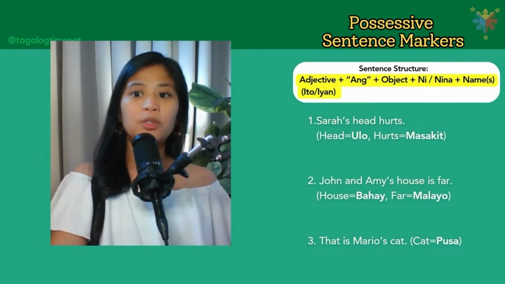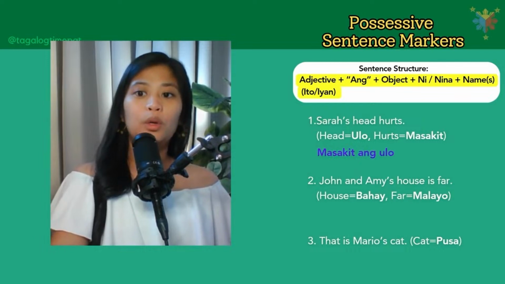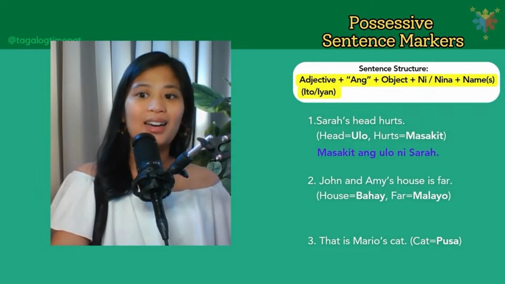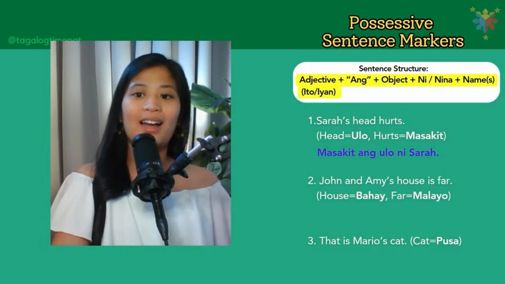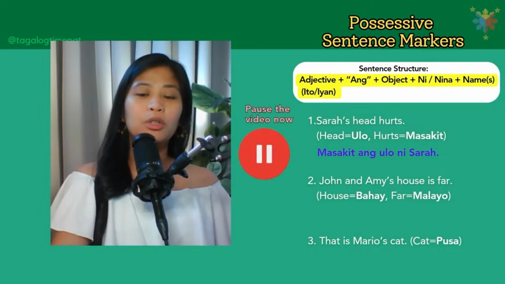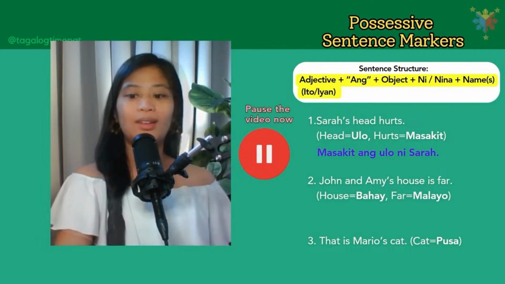So adjective comes first, masakit, ang, ulo, which is the object, ni, Sarah. So it's just one person, so we would choose ni. Masakit ang ulo ni Sarah. Sarah's head hurts. You take a minute, you do number 2 and 3, and then we will go over it.